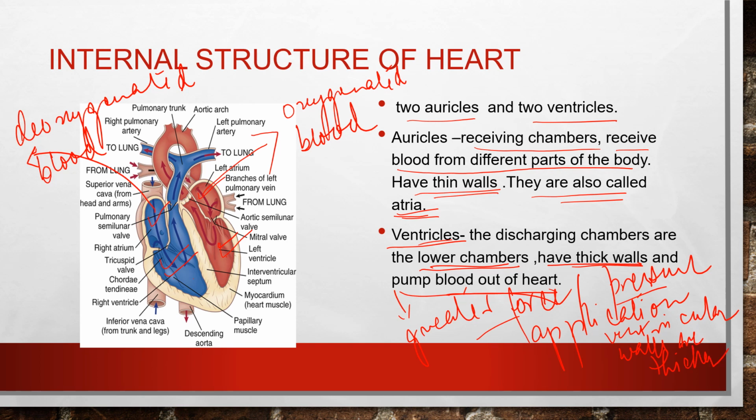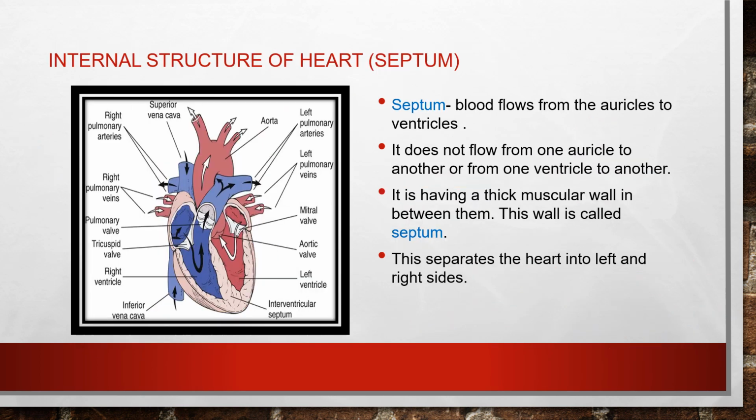Okay, now we will move on to the next one. In the internal structure of the heart, the blood of the auricle and ventricle are not mixing. So why are they not mixing? What is preventing them from mixing? Blood flows from the auricles to the ventricles, but it does not flow from one auricle to another or from one ventricle to another. Why?